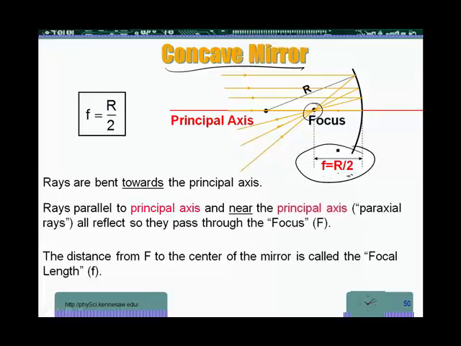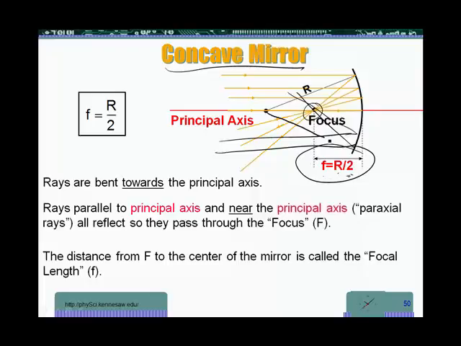Now, in this graphic, we are showing light beams from the top. If we have light beams from the bottom, same thing, they are going to pass by the focus. Now, the little geometry will show you that when I hit the mirror like this with a parallel light beam, now, what's the perpendicular to the mirror?